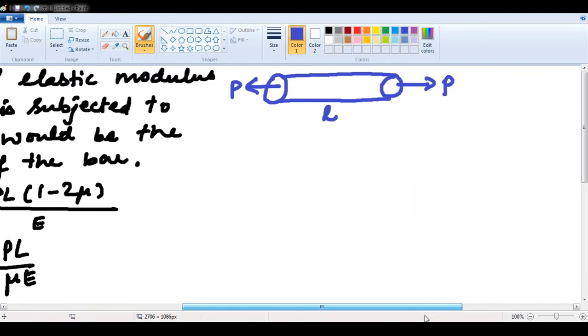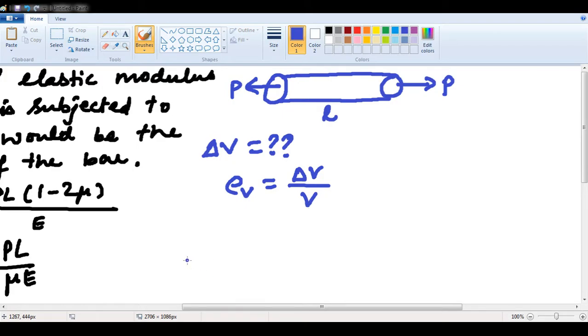So the question is asking what is this? Correct? So how can we go for this? See, it is very clear. We know that volumetric change is change in volume by original volume.